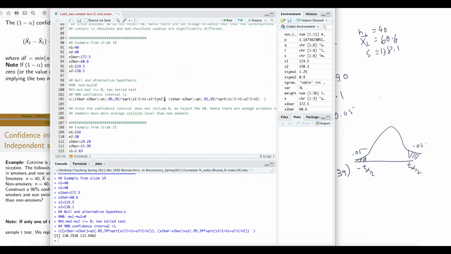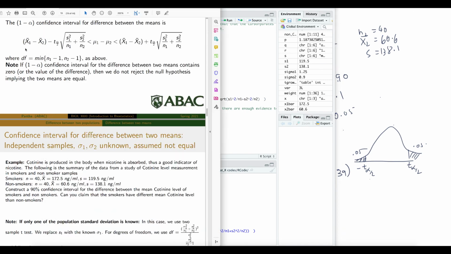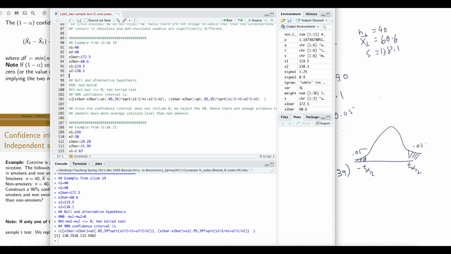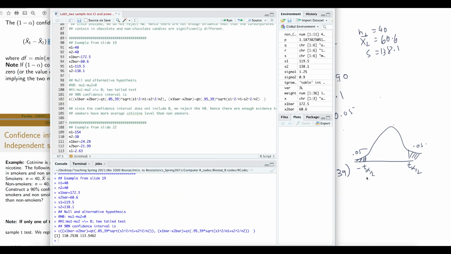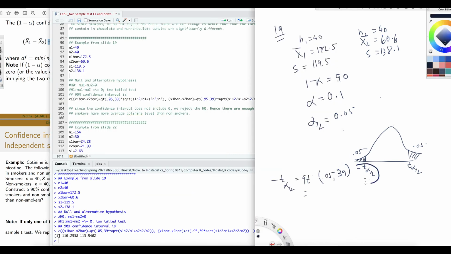Here I used exactly the same formula that I mentioned before. So x1 bar minus x2 bar, inside the parenthesis, and then plus QT. Why did I do plus although there is a minus? Because the negative T alpha half is given by positive QT.